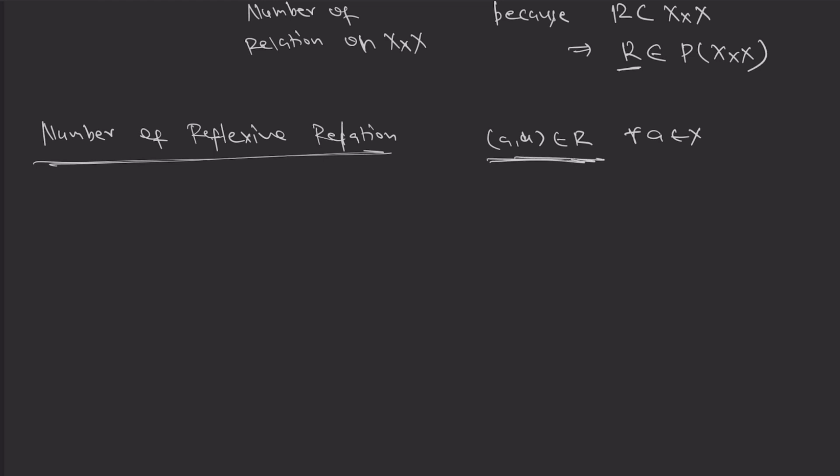So how many choices are there for a? N choices. And if I fix this a, then this is already fixed. So n elements are already there in this relation.